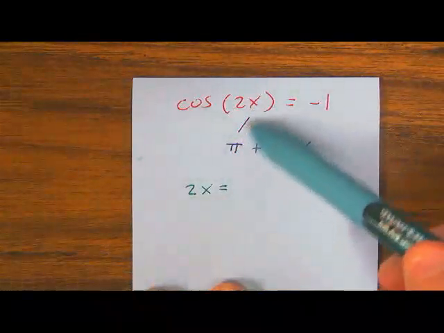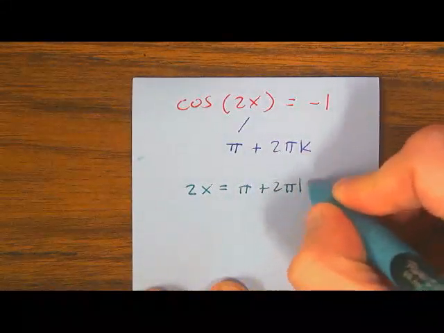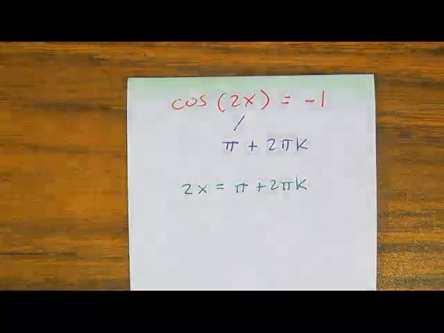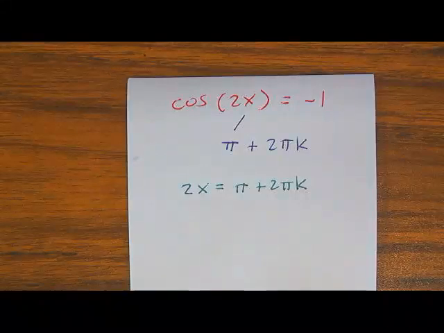We're going to say that 2x has to equal pi plus 2 pi k. Do you understand why we did that? Because I know what's in the parentheses has to be pi plus 2 pi k, so I'm going to set them equal to each other.